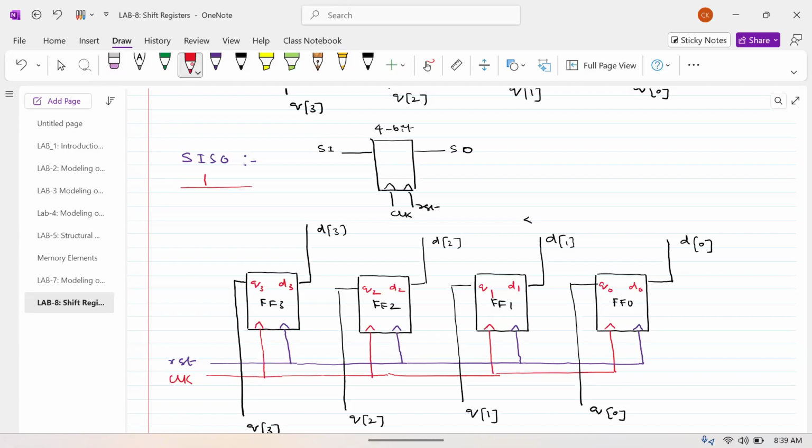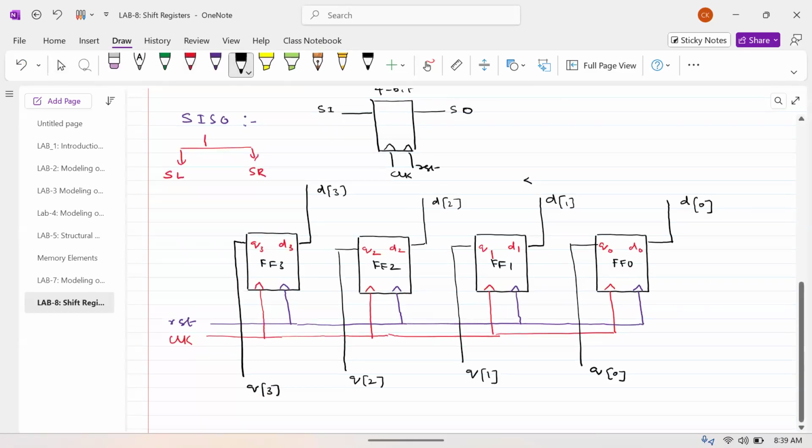One is shift left operation, and the next one is called shift right operation. What is the shift left operation? Here the LSB is SI, the serial input data, and the MSB is serial out.